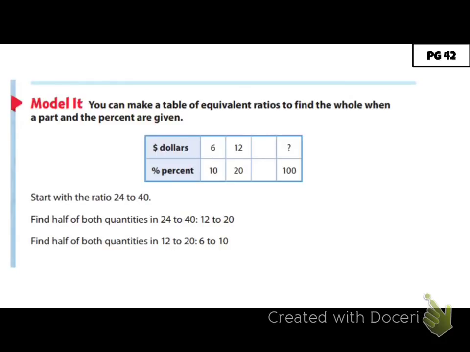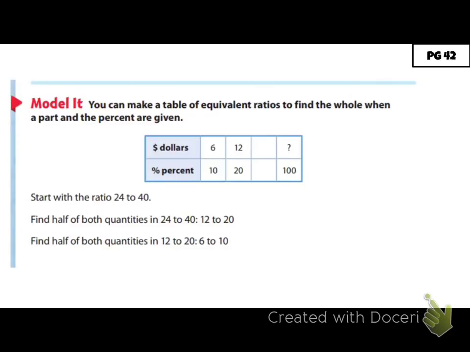So those are equivalent. Now find half of both of those quantities in 12 to 20, and you get 6 to 10. So now you know that for each 10% spent, he spends $6. And that is shown right here, and that'll be the same as the top double number line.